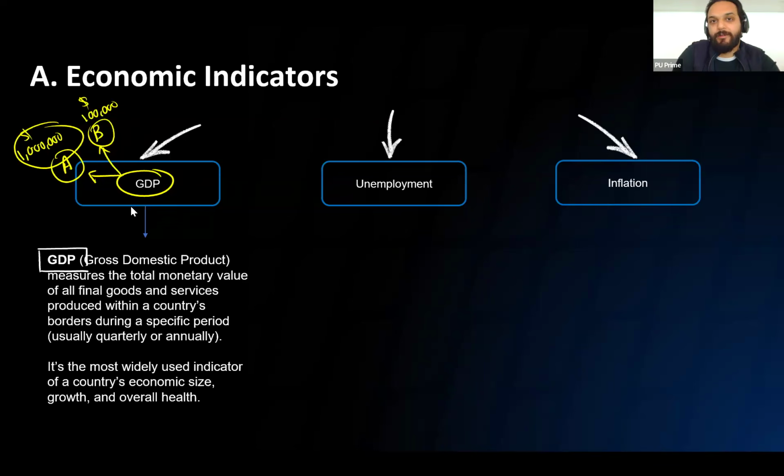Of course, A, right? That's very simple. Because simply we have a country with a huge production, huge labor, and they are producing a lot. So this means that the economy is doing well. If the economy is doing well, then the currency should be doing well as well, right?